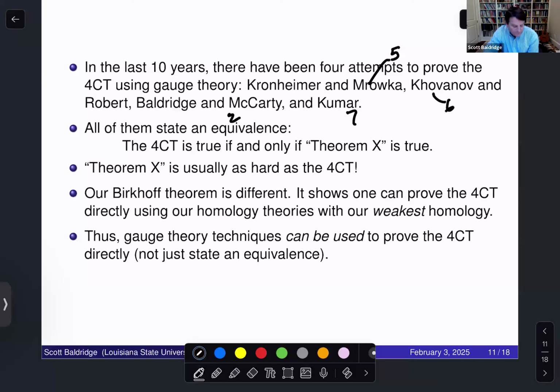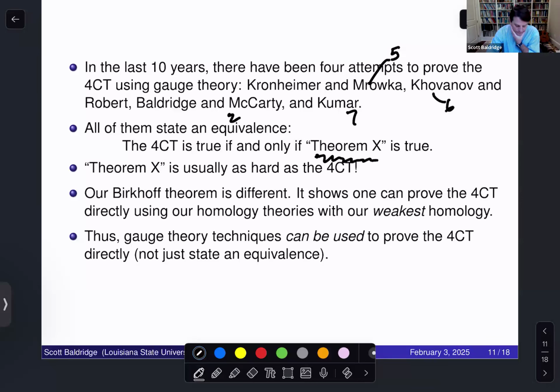All of them state an equivalence, though. They say the 4-color theorem is true if and only if some other theorem is true. And the problem is that some other theorem is often as hard as the 4-color theorem. In other words, you just replace one hard-to-prove thing with another hard-to-prove thing.